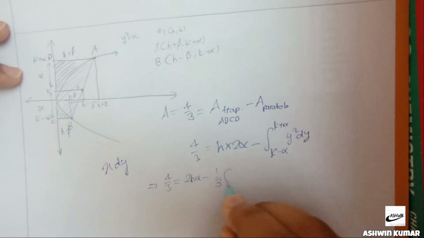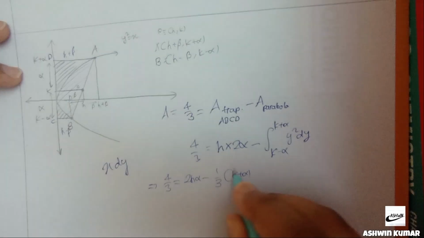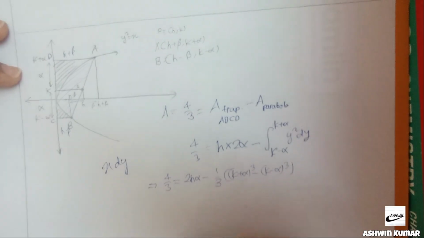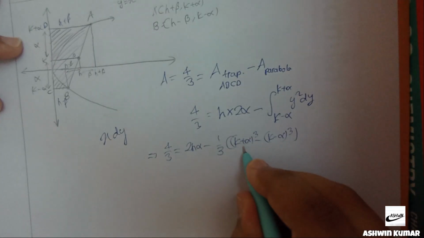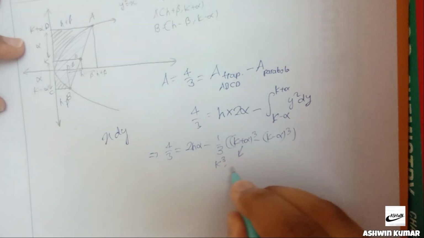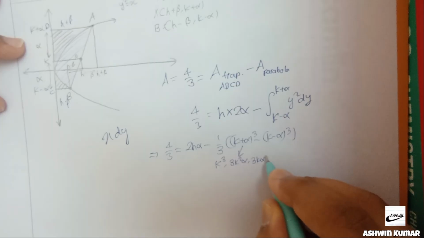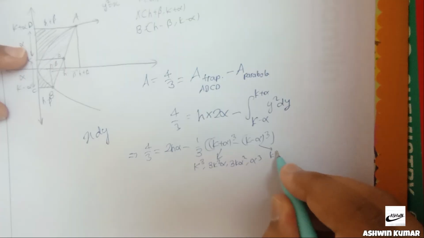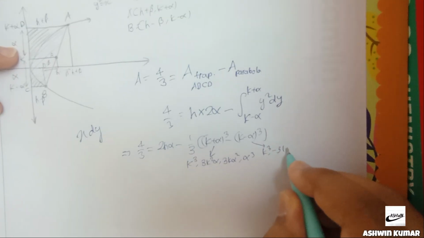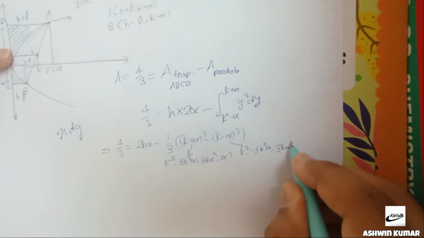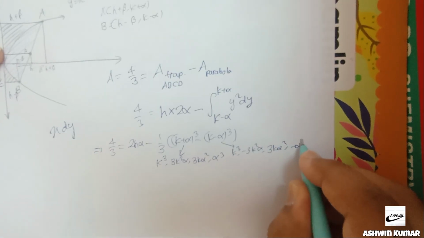So 1 by 3 times (k plus alpha) whole cube minus (k minus alpha) whole cube. From this expansion you get 4 terms: k cube, 3k square alpha, 3k alpha square, and alpha cube. From the other you get k cube, minus 3k square alpha, plus 3k alpha square, and minus alpha cube.